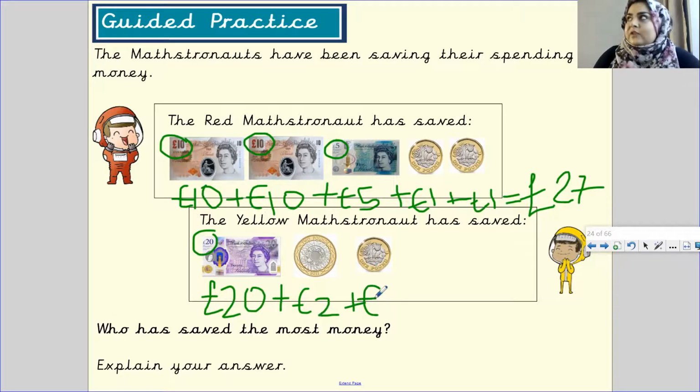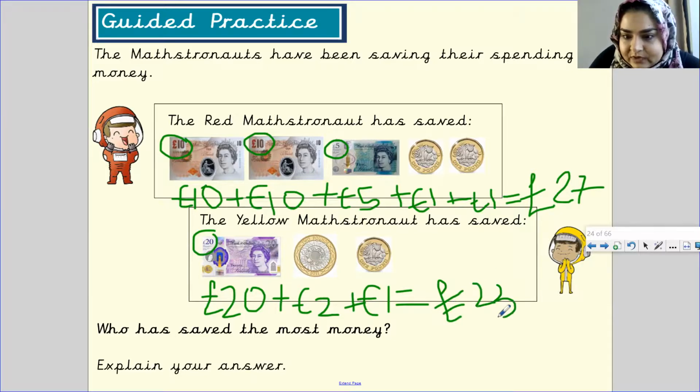Now, if I add all that together, I have 20 plus 2, which is 22, add another one, so 20, 21, 22, 23. So he has 23 pounds. So now who has saved the most money?